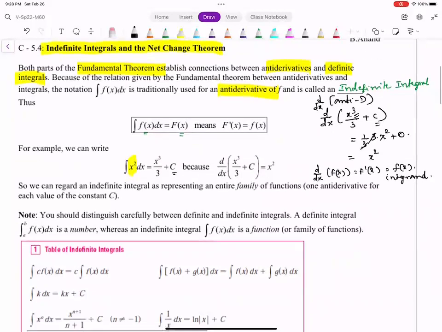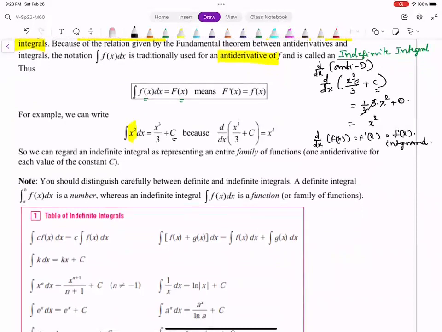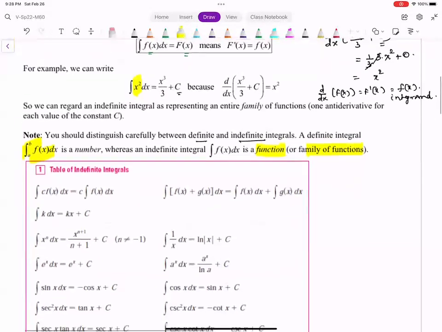You should distinguish carefully between definite and indefinite integrals. A definite integral has a lower limit and an upper limit as shown here. Integral from a to b of f(x) dx is a number, whereas an indefinite integral, integral f of x dx, where there is no lower limit or upper limit, is a function or family of functions.